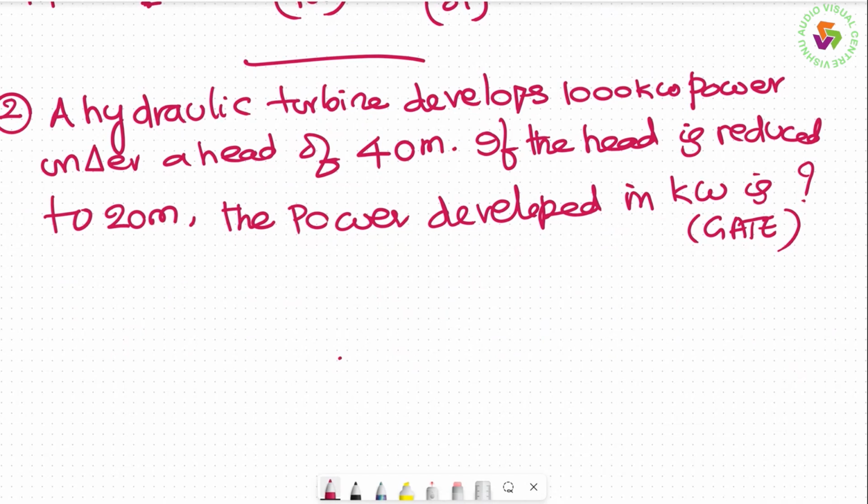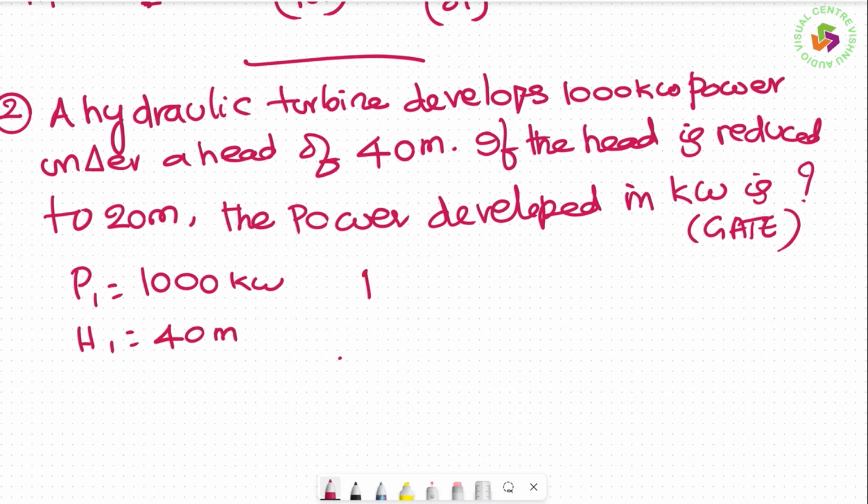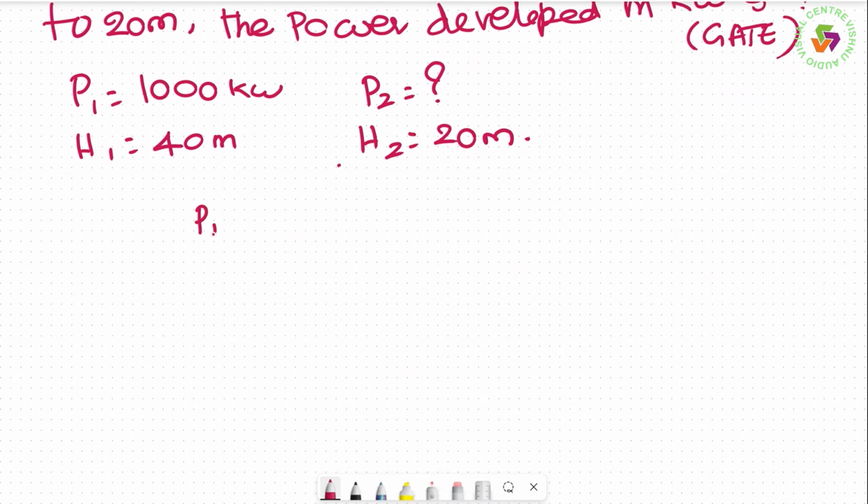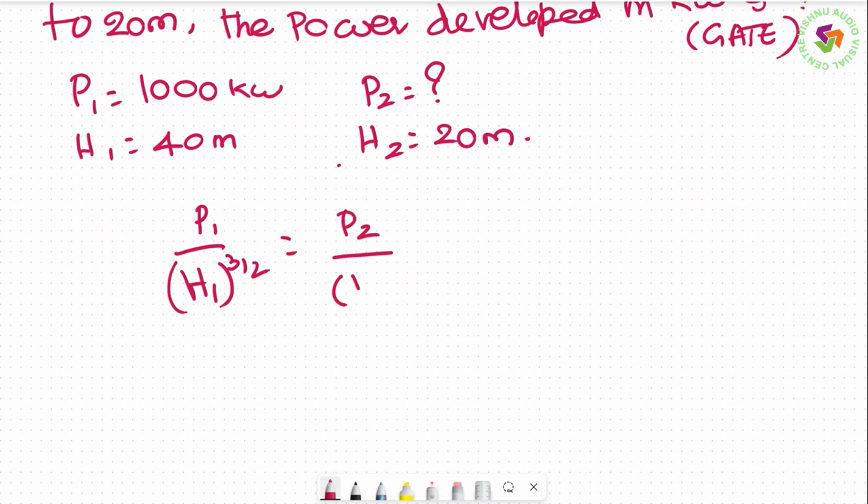So again, let us take it. P1 is equal to 1000 kilowatts and H1 is equal to 40 meters. Question is P2 is equal to how much, and H2 is equal to 20 meters. Solution is P1 by H1 to the power of 3 by 2 is equal to P2 divided by H2 to the power of 3 by 2.